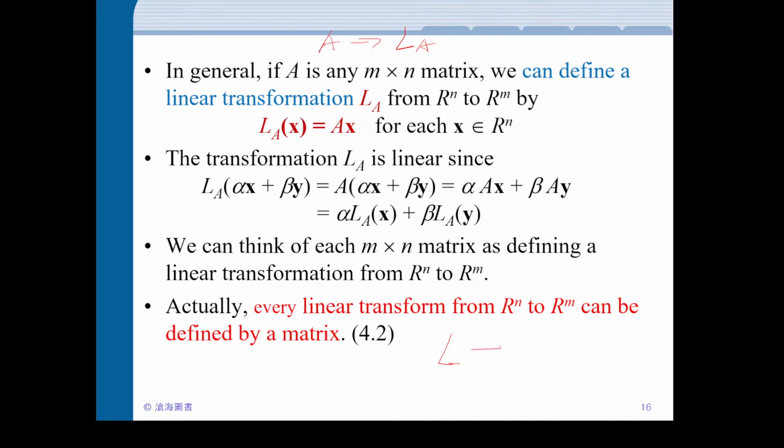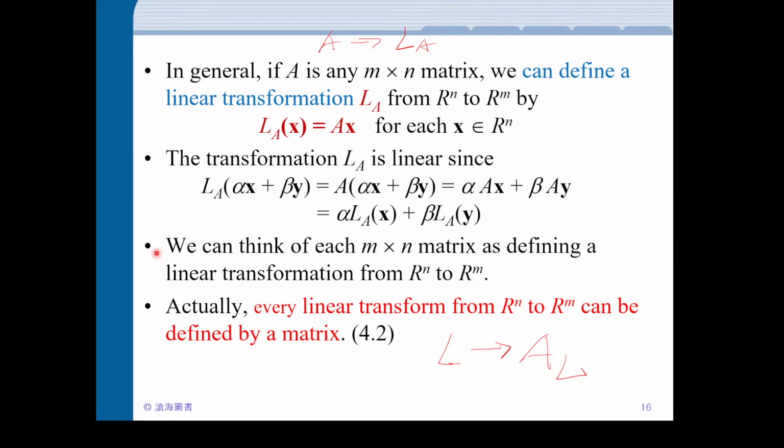From any linear transformation, you can get a matrix that corresponds to this linear transformation. If you want to do this linear transformation, you can just multiply this matrix on your input vector.